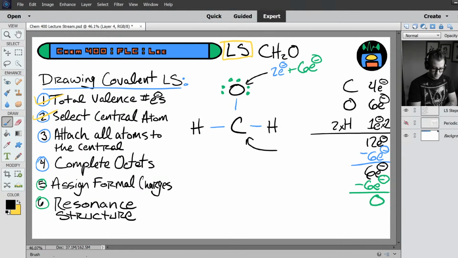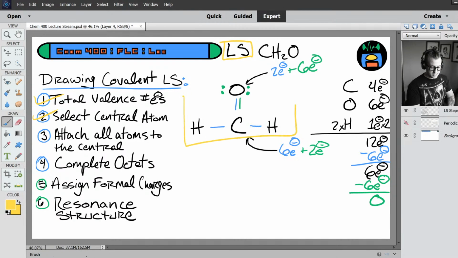The problem lies in carbon. Carbon has access to 6 electrons, with 3 bonds, but it needs 8. Trouble is, we're out of electrons, but we're not fazed by this. We know what we need to do is take a lone pair off of oxygen and use it to form a double bond. Now carbon has access to 8 electrons and oxygen still has access to 8.